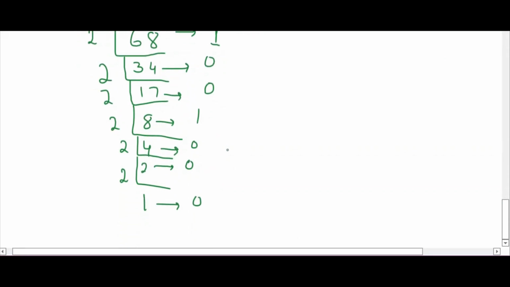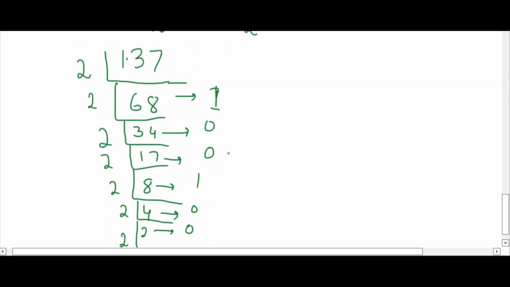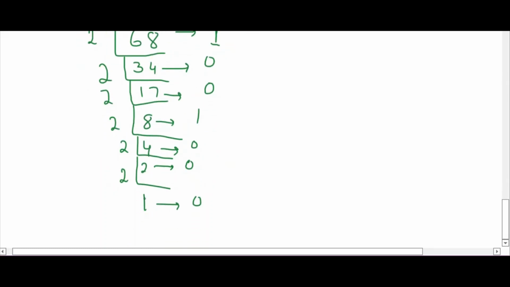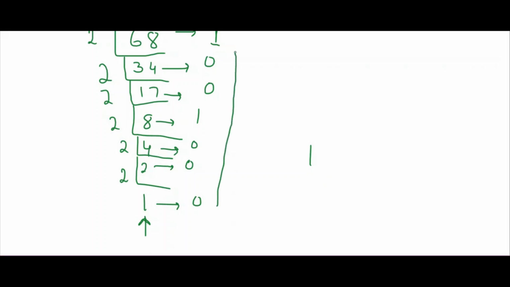Now we will try to collect our numbers. So this is going to be our highest level of grouping, because this is after all of the groupings have been made. So we go all the way up as we have divided.